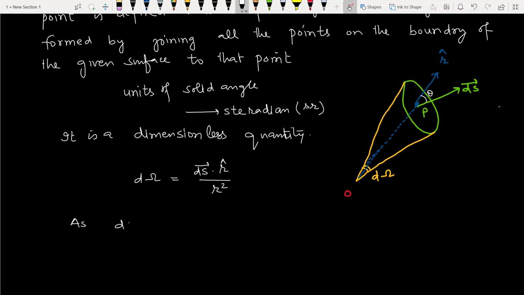As ds vector dot r cap is equal to ds magnitude r cap magnitude cos theta. As it is a unit vector, its magnitude will be 1, so it is ds cos theta.